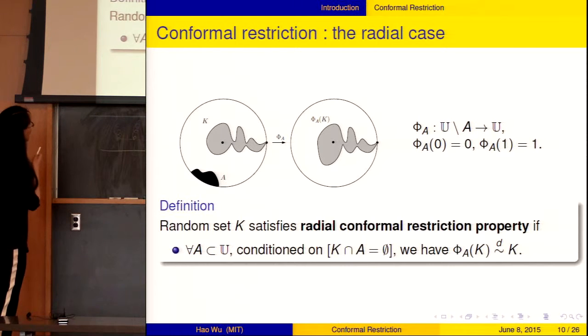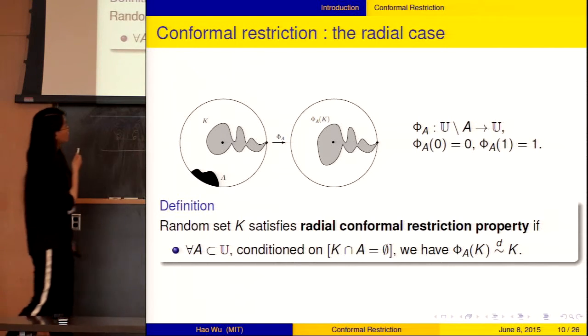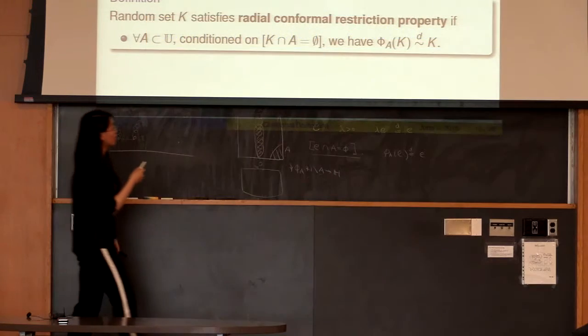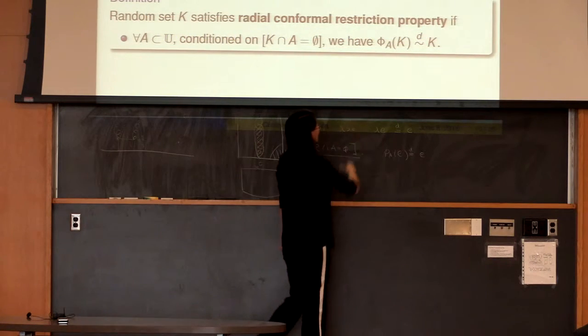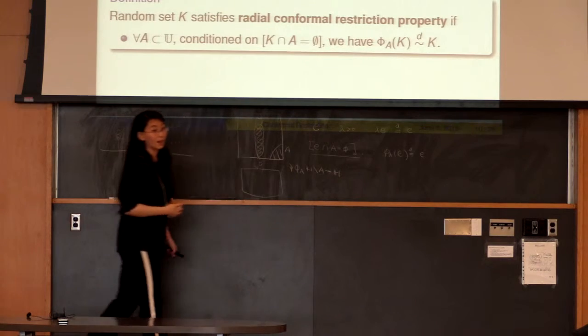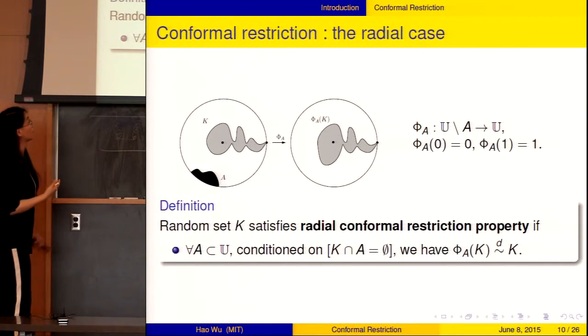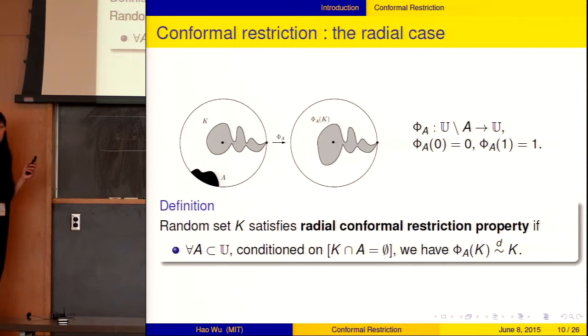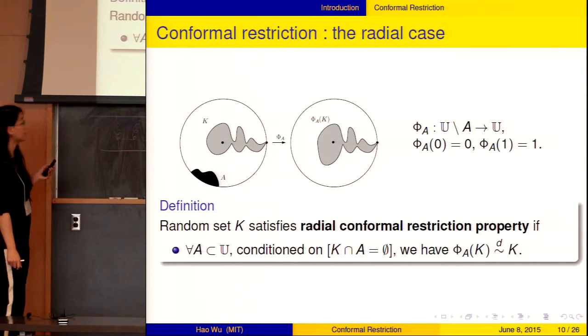It satisfies the radial conformal restriction property if for any set A, conditioned on K avoiding A, after the conformal map phi A it has the same law as itself. Here phi A is the map from the unit disk U minus A onto the unit disk, fixing the origin and the boundary point 1. So this is the radial counterpart of the conformal restriction property.